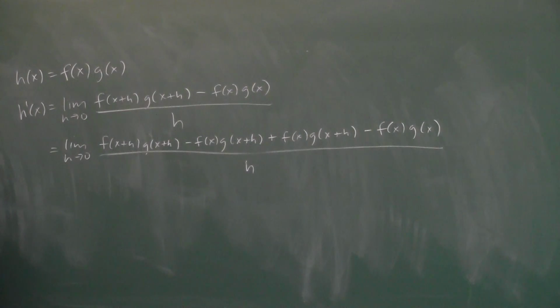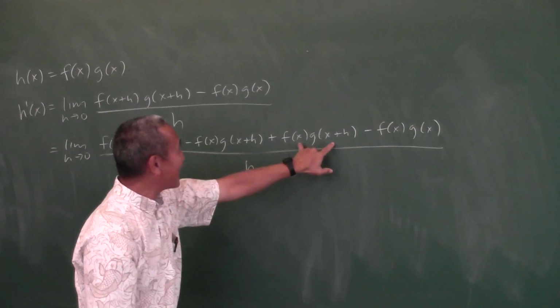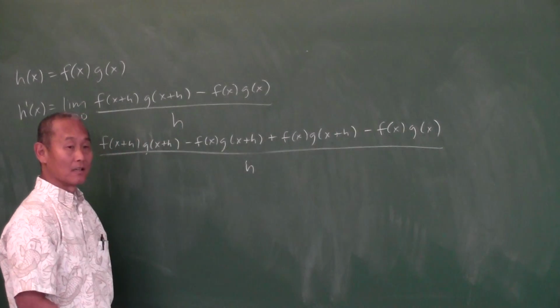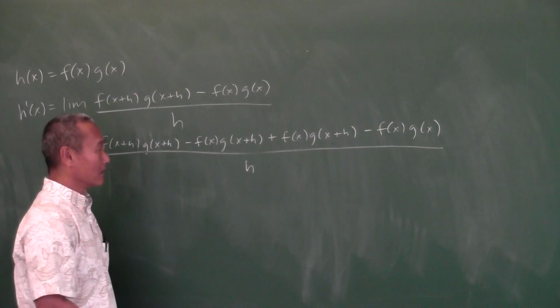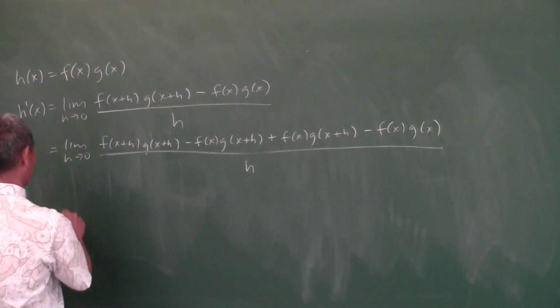No! I just subtracted something and added the same thing back. Aren't these two things the same except opposite signs? So is that legal? Can you subtract and add the same thing? Yes.